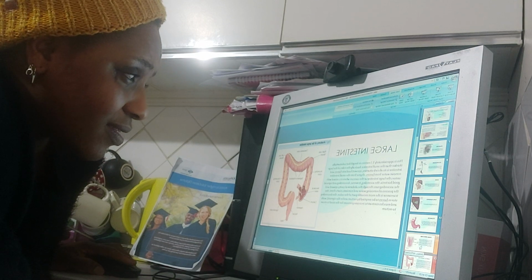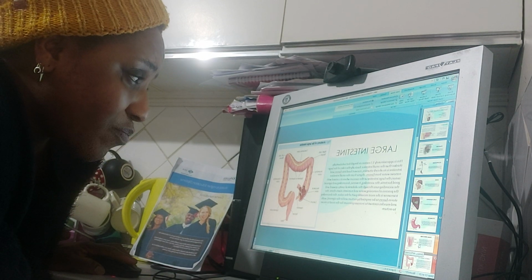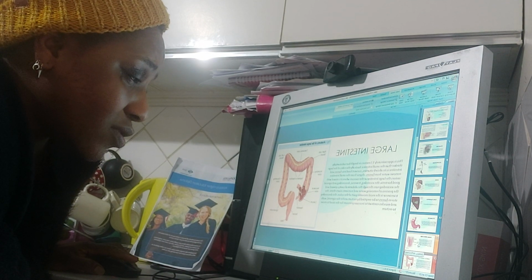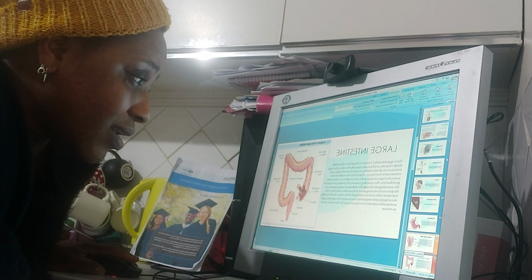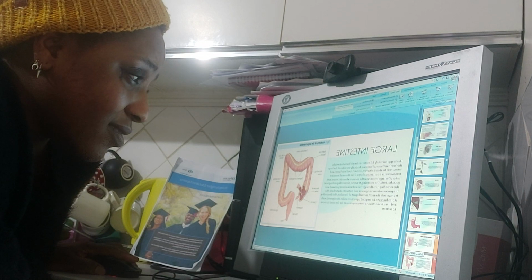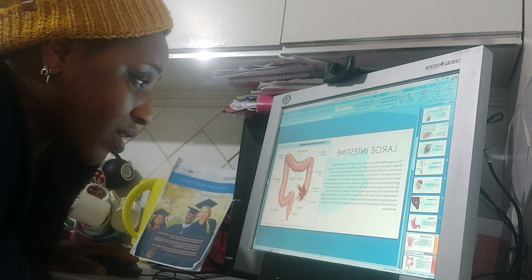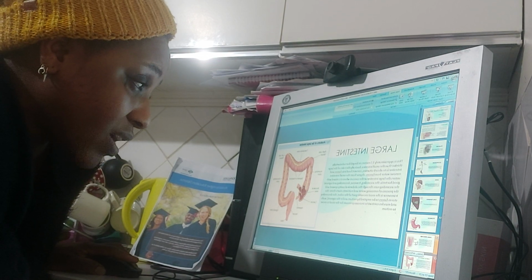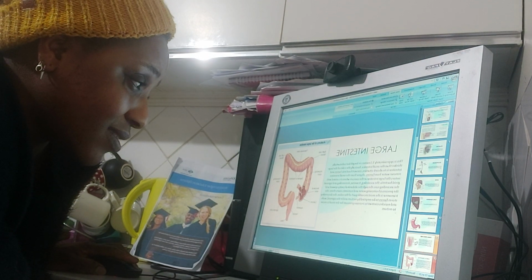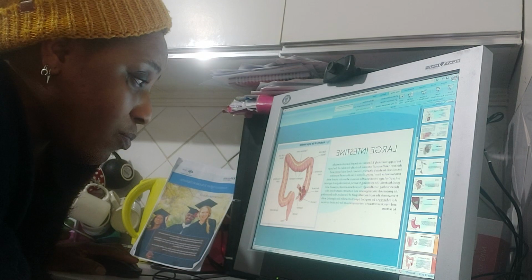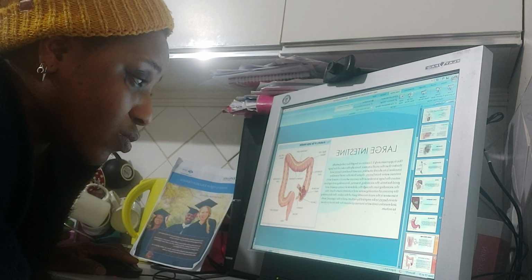Large intestine: this is approximately 1.5 meters in length, but substantially thicker than the small intestine. Basically, the role of the large intestine is to absorb vitamins, convert food into feces, and remove water from the feces. Chyme from the small intestine enters the large intestine at the cecum, where it is mixed with good bacteria.